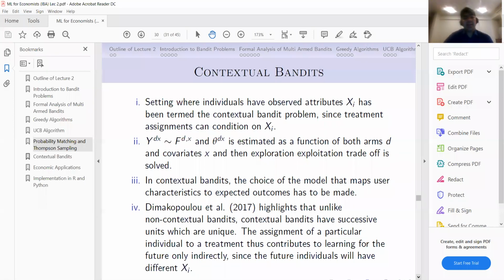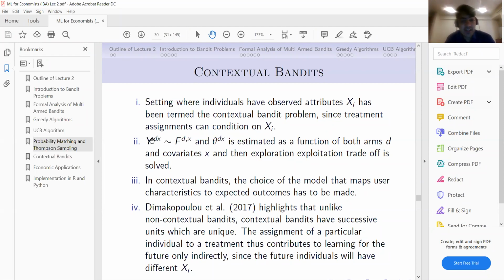But the basic point is that previously y here is the outcome, which could be 1 or 0, or the reward. And D is the treatment. Sorry, this is different notation, but D is the treatment, Y is the outcome, which could be 1 or 0, and X is the covariates, such as age, gender, and so on.